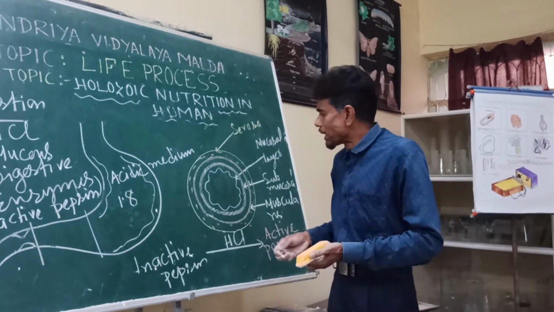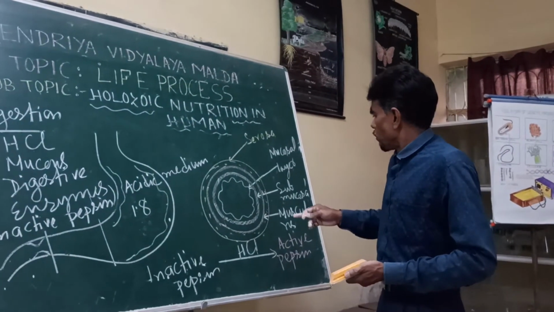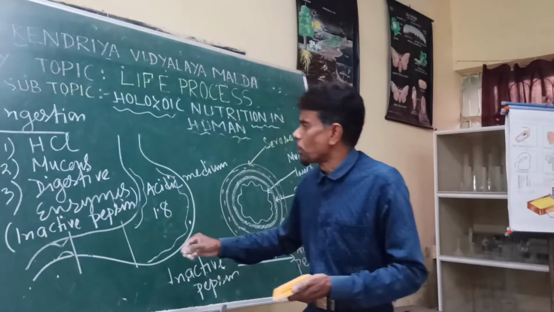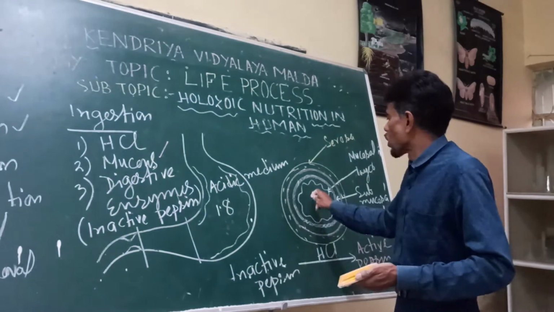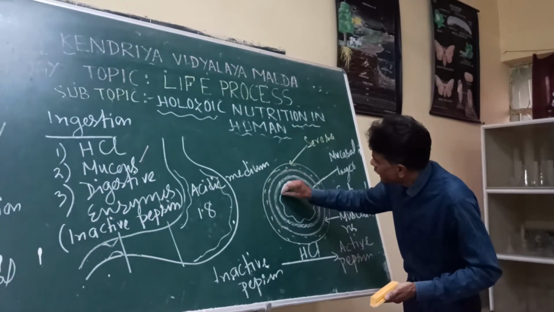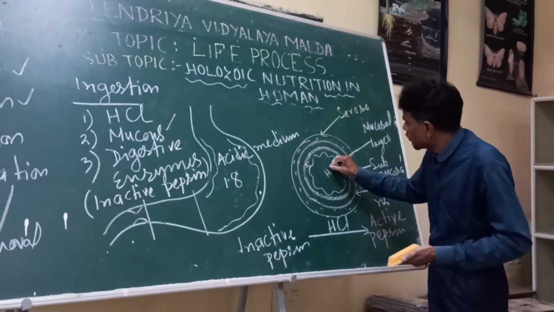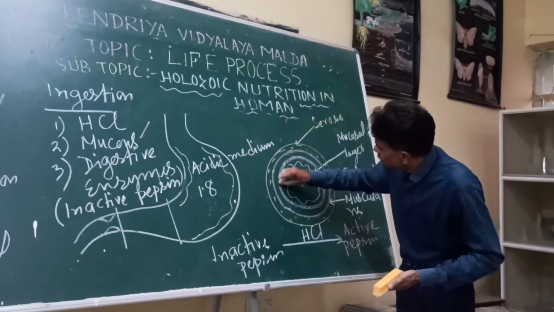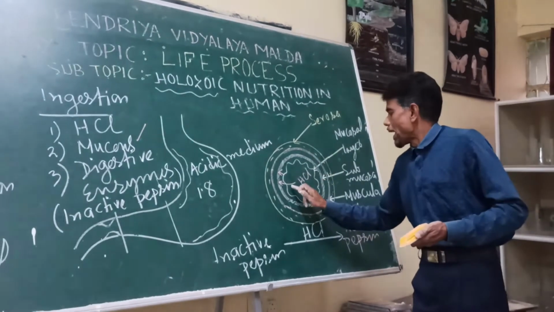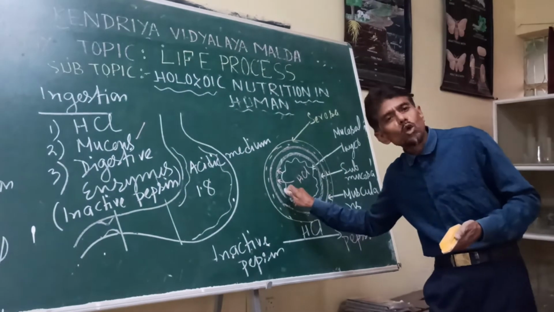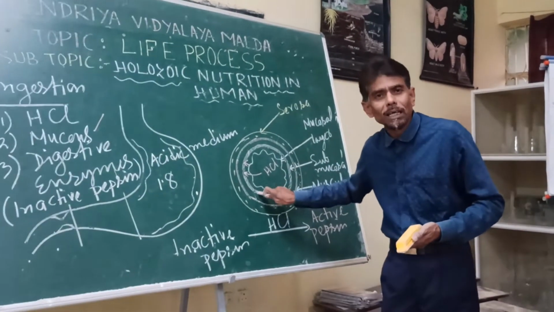Now, apart from these, another important thing I told you, the mucus is secreted within the stomach. This helps to protect the inner wall of the stomach. Otherwise, HCl will act upon the wall of the stomach itself. The digestive juice will act upon the wall of the stomach itself.